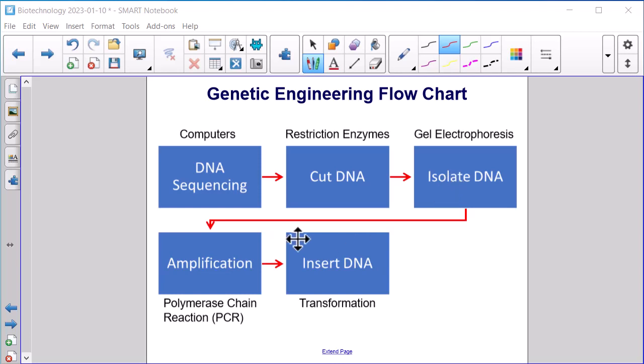Once we've done that, we can amplify or make many copies of that DNA using polymerase chain reaction or PCR. And then we insert that DNA via bacterial transformation, where we create a plasmid that has our gene inserted, and then we insert that plasmid into a bacteria.